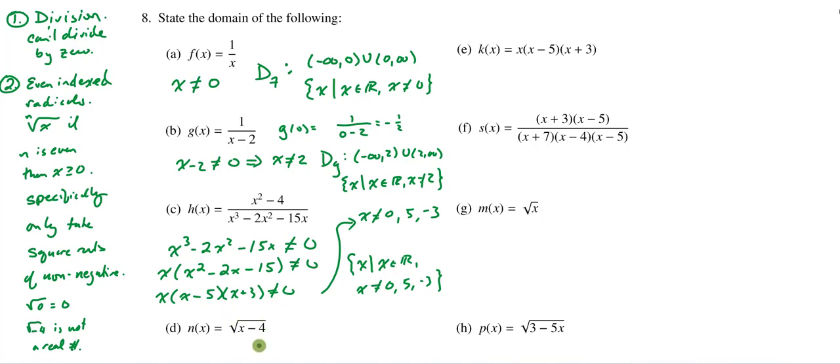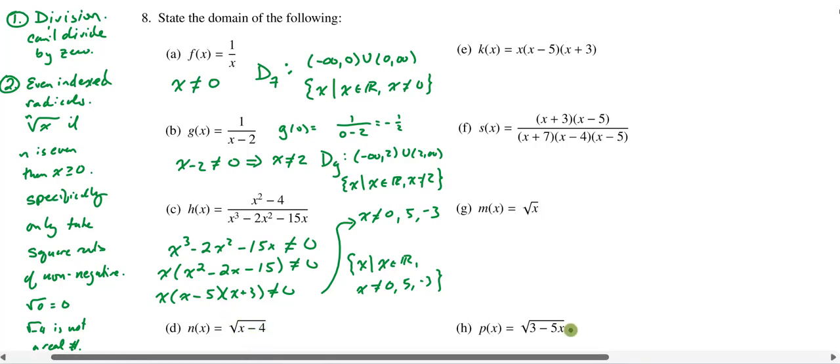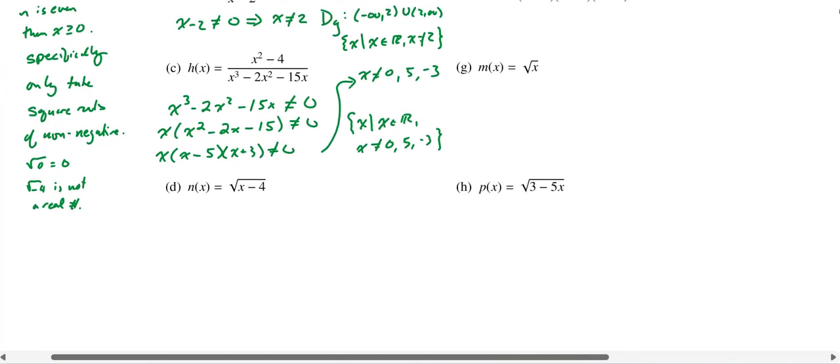That's good, but it's going to get you into trouble when you get to a problem over here. Where over here, I think you're going to have a harder time identifying the domain just from looking at it. So although I know you may be able to give the domain of this function right here, I need you to learn the method that I'm about to show you so that you can do this harder problem over here. Okay, so let's go ahead and tackle this.